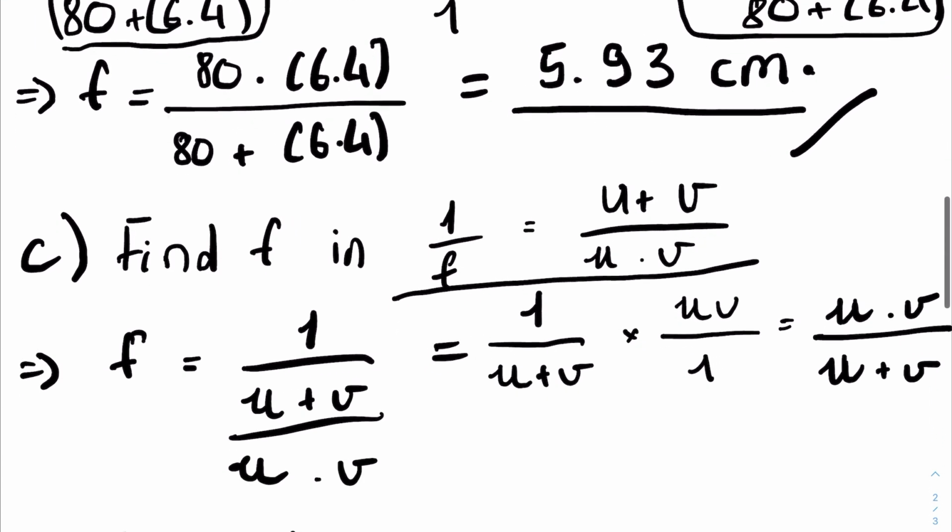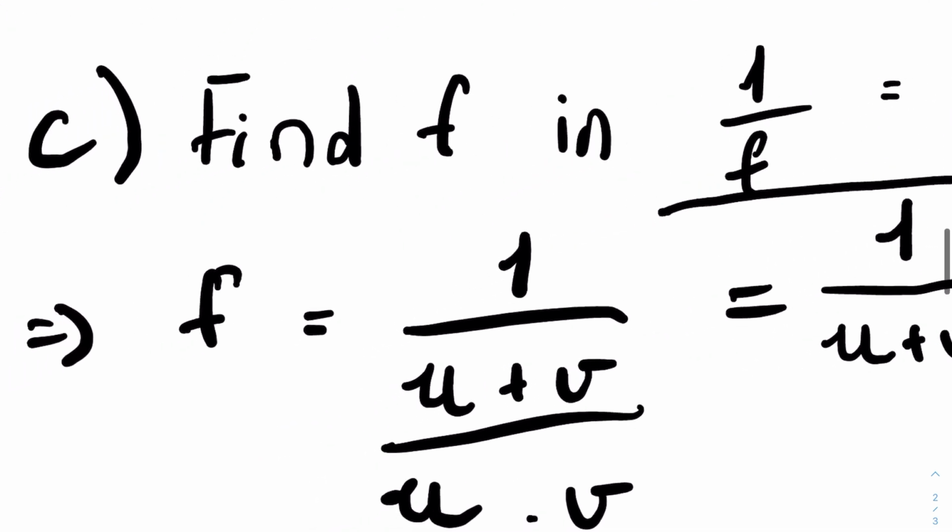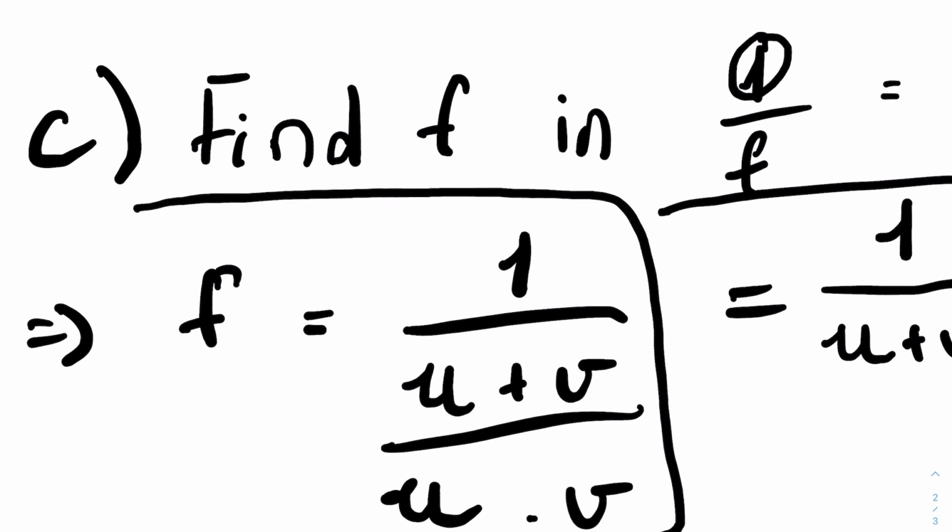So we are now to find f. We must take 1 and divide by the right side, so we have f equals 1 over (u plus v) over (u times v).